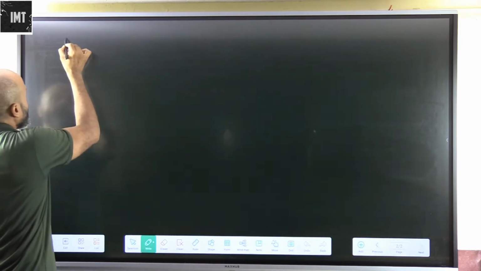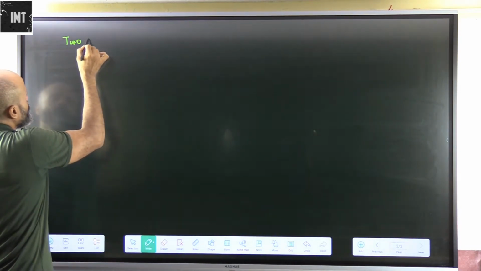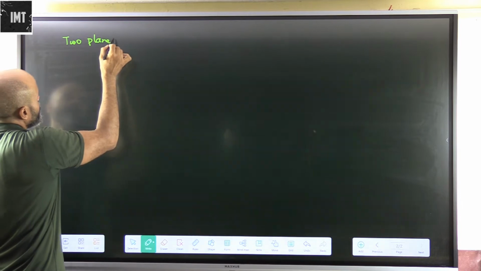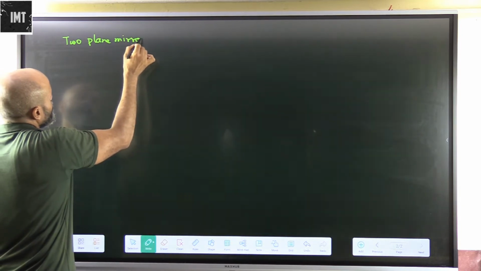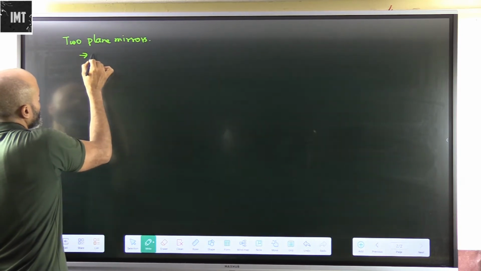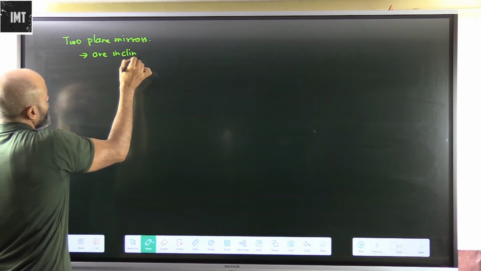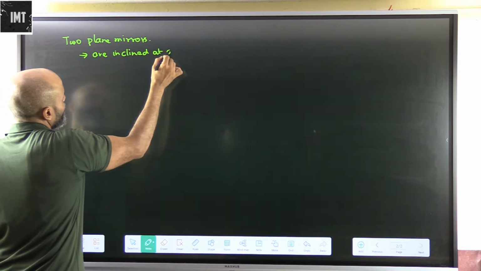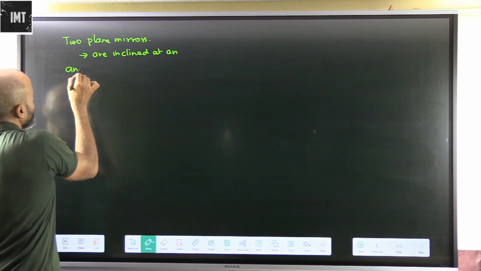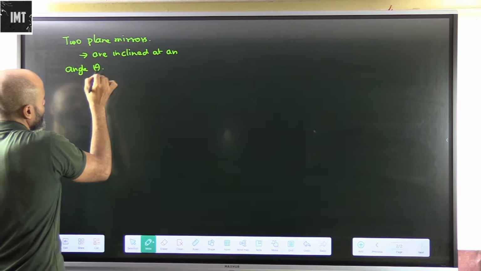Wherein we have two plane mirrors, which are inclined at an angle theta, at any angle, let's say theta.